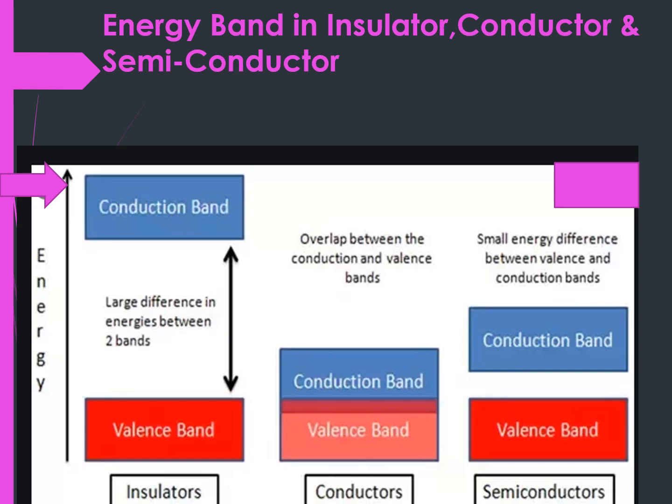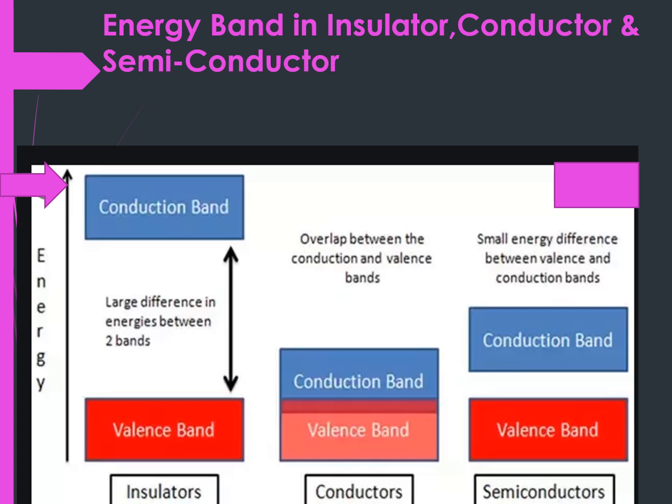Now we'll discuss the energy band of the insulator, conductor and semiconductor. First, as you can see on the screen, there are two bands. One is the valence band, which contains the bound electrons, and another is the conduction band, which contains the free electrons. What happens in the case of an insulator?